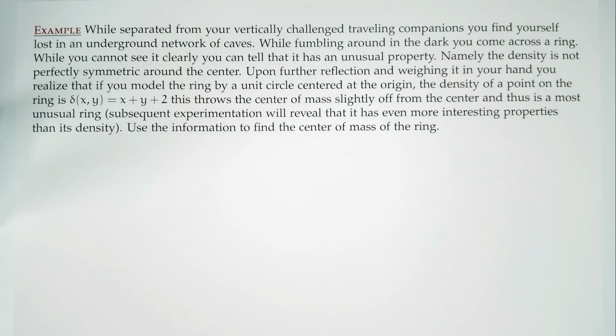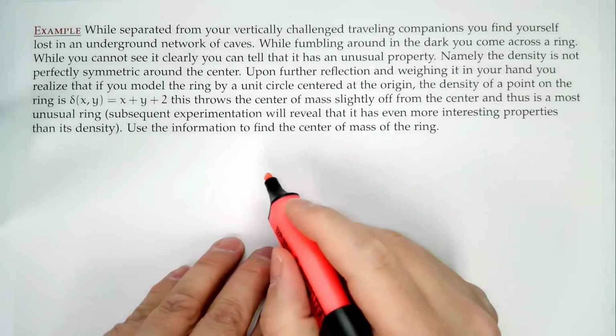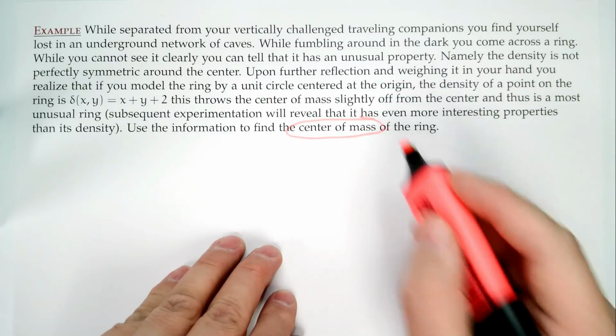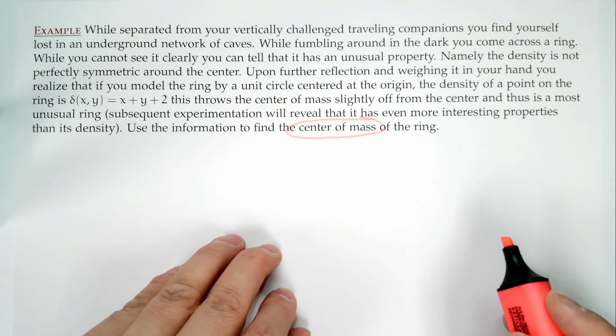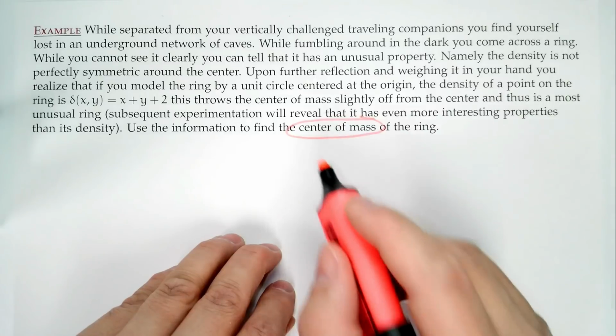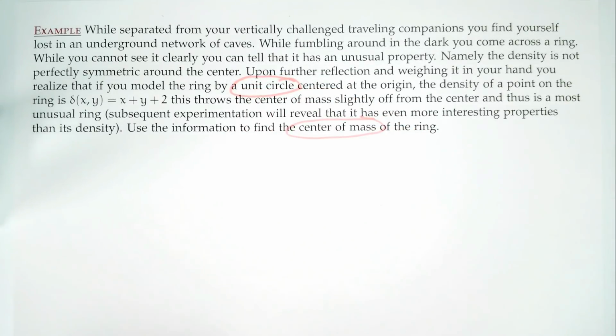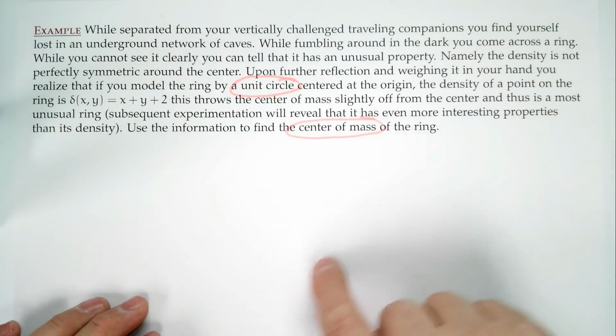All right, well, what do we do? Well, let's try to figure out what we need to do. Now, the last sentence always gives away what's happening. This is a center of mass problem. All right, well, what kind of a center of mass? The ring, we're told, is a unit circle. Now, the ring, if you've ever seen a ring, it's the outer edge.